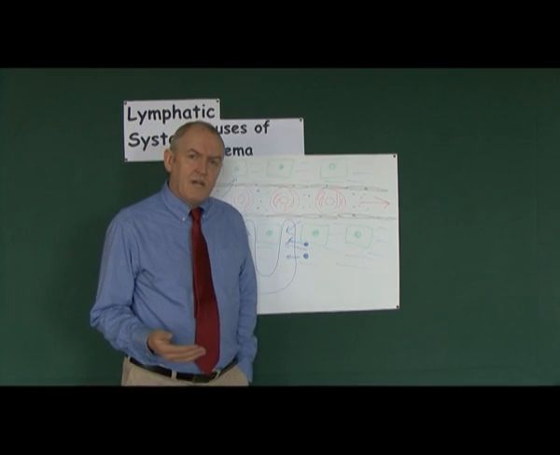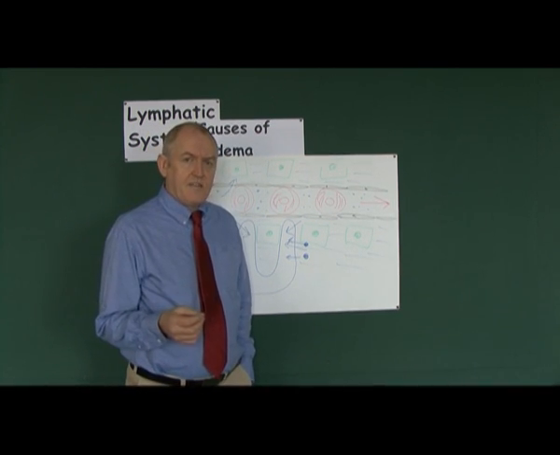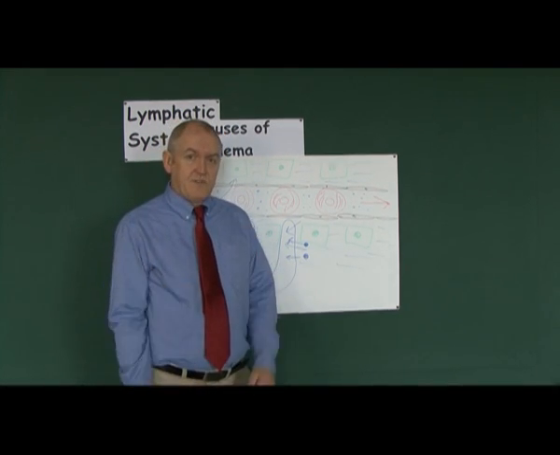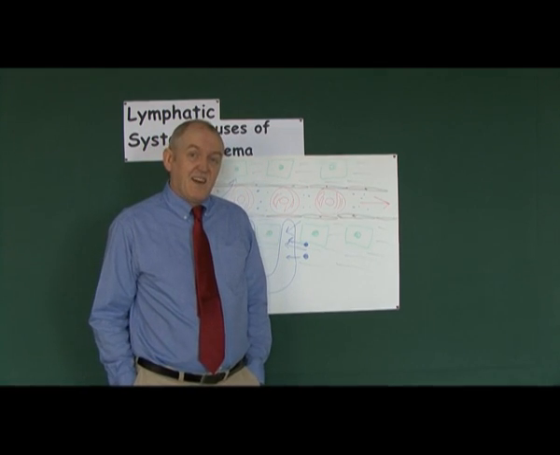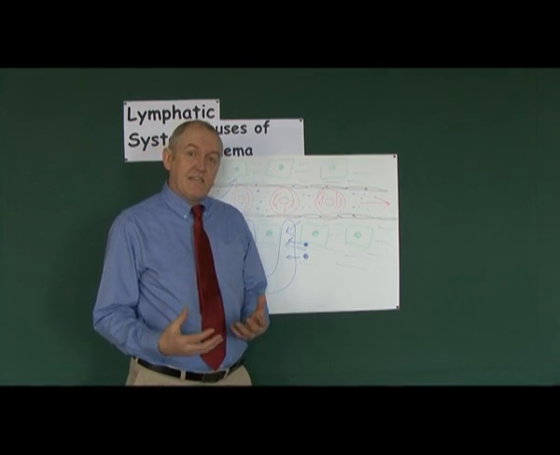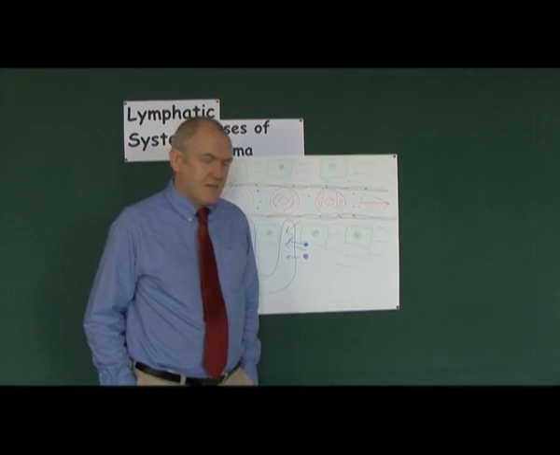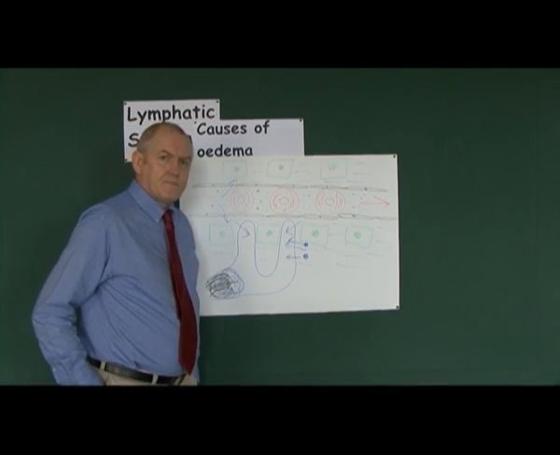So, for example, a patient might have had radiotherapy, which has caused fibrosis in the lymphatic vessels. Or after breast cancer, for example, a patient may have had some axillary lymph nodes excised, reducing the lymphatic drainage capacity of the lymphatic system. So reduced lymphatic drainage can also cause edema.